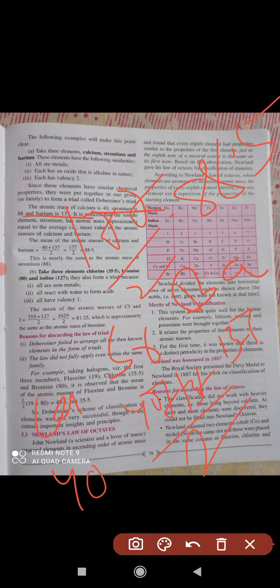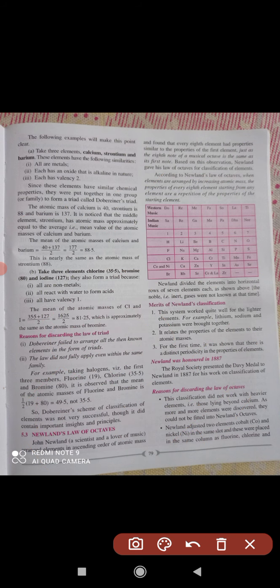That is nearly the atomic mass of strontium, which is 88. So we are getting nearly the same atomic mass, so that is a triad. In this way a lot of triads were given by Doberener. That is the actual thing of triad.